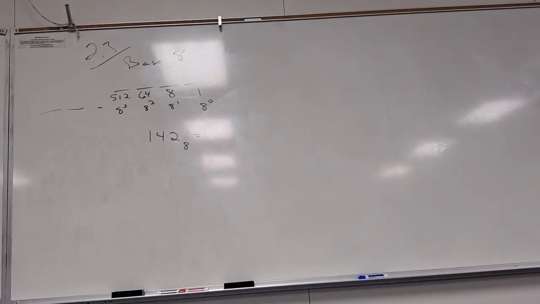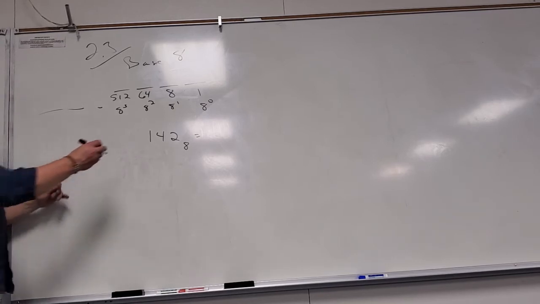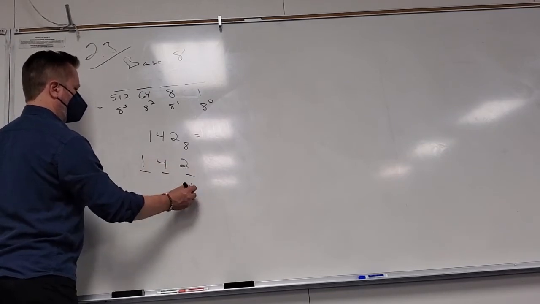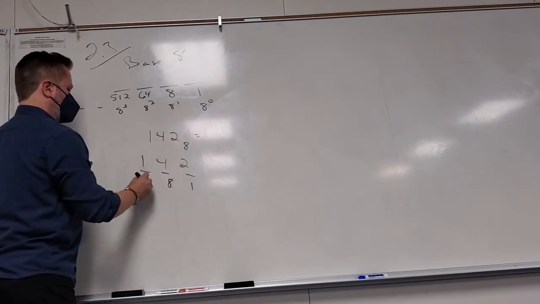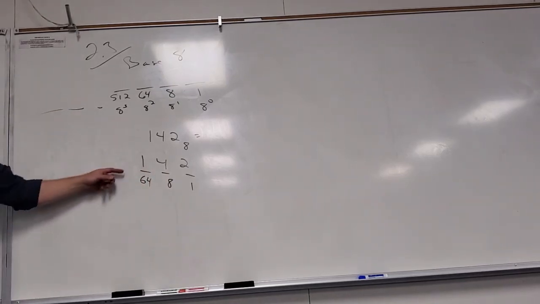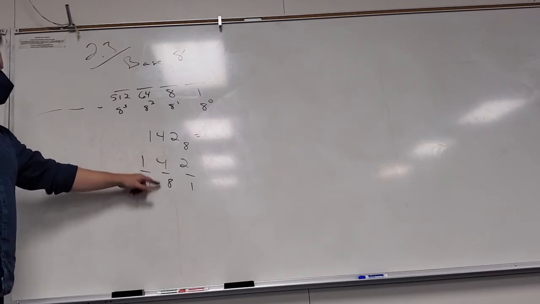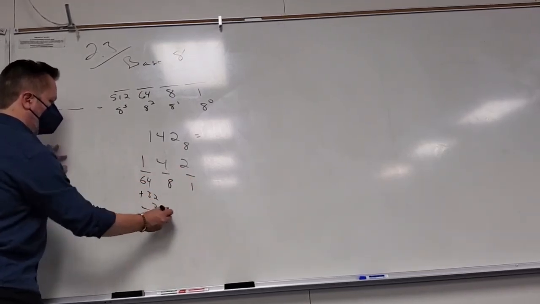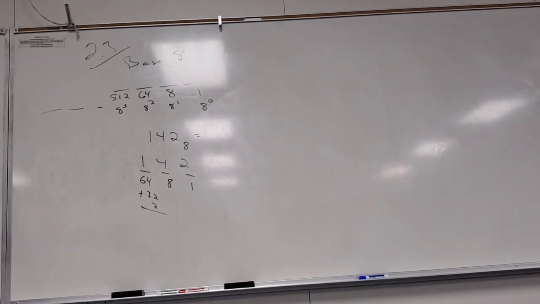How would you put that back together? What I would do is write this out, put the places underneath it: 1s, 8s, 64s, and now it's easy. How many 64s do I have? 1. I have 4 8s, that's 32. And then I have 2 1s, that's 2. Let that be easy.